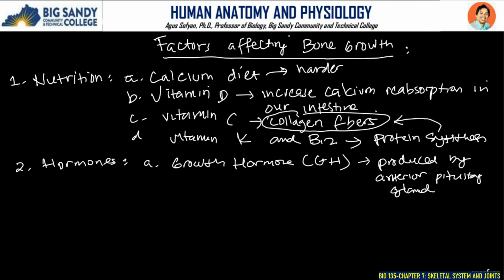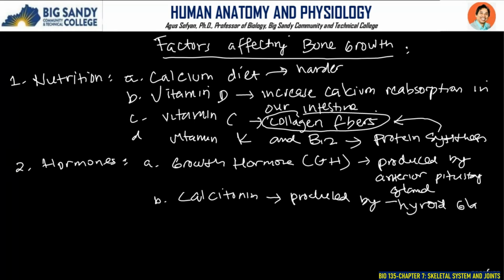The second hormone is called calcitonin. Okay. This is produced by our thyroid gland.